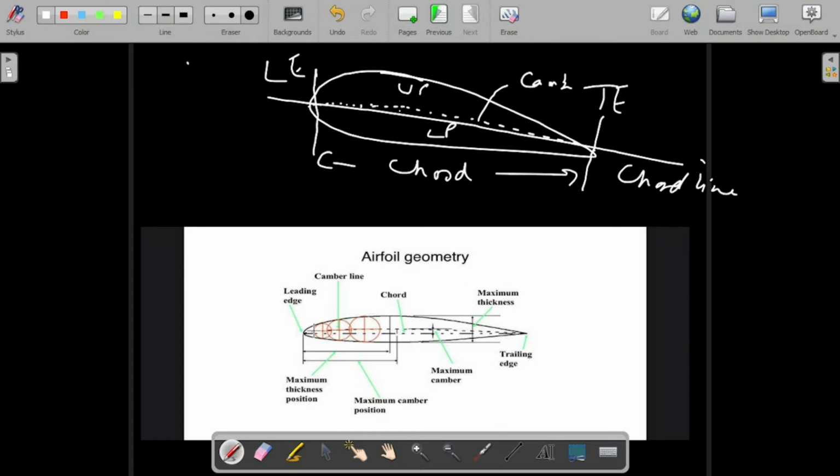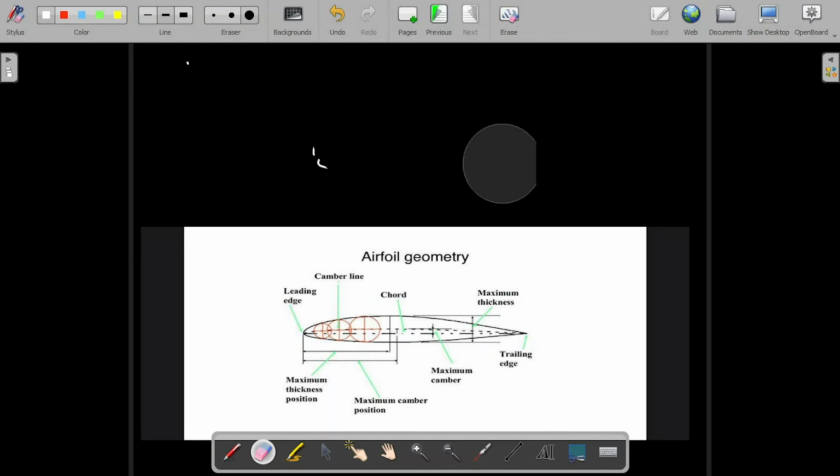So here this center straight line is the chord, and the line which divides the complete section into two parts is known as the camber line, and the maximum distance between the camber and the chord. I'll draw it again with more camber, which will make the picture clear.